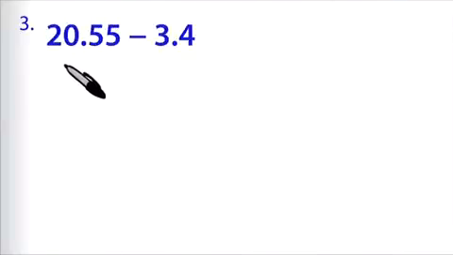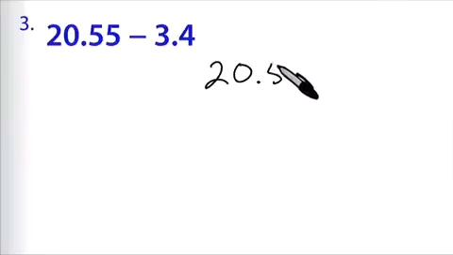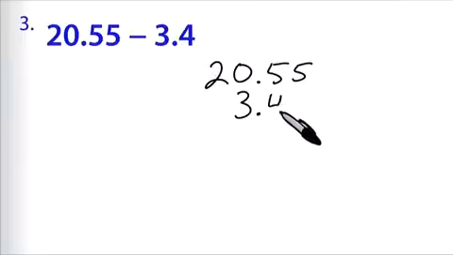For problem 3, we have 20.55 minus 3.4. Just like before, addition and subtraction are very similar, even with decimals. So we need to rewrite it in stacked form, just like we did with addition. So we have 20.55, and we need to line up by the decimal points again. So we have 3.4.